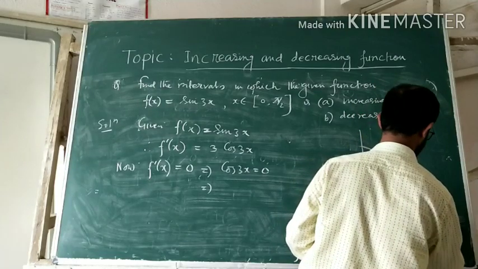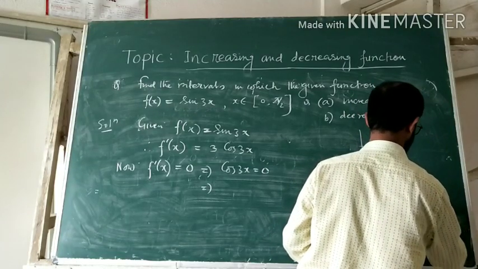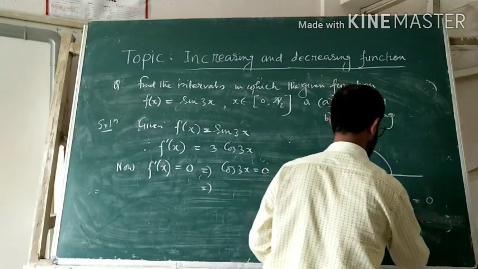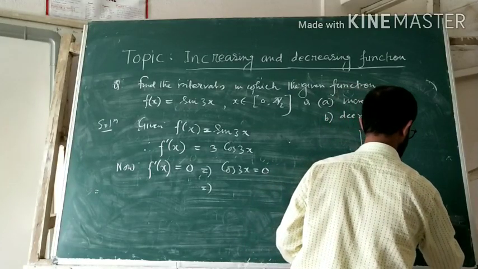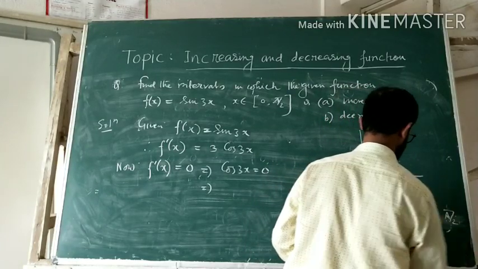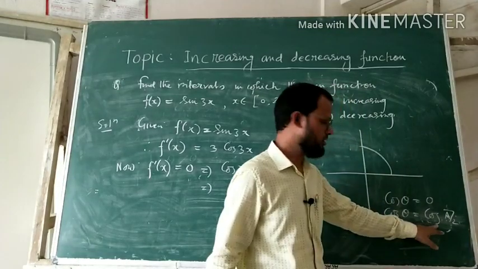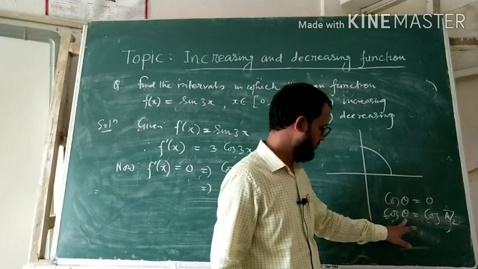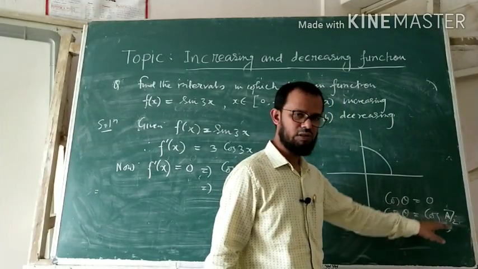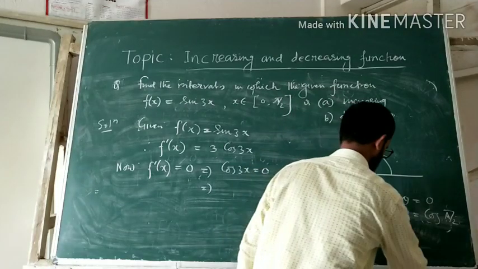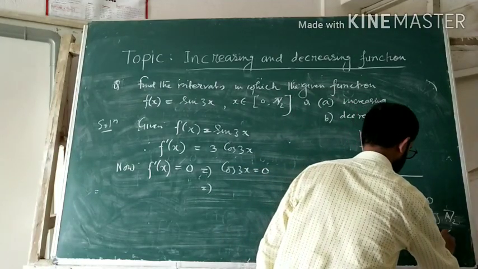Cos 0 means cos pi by 2. And you know that cos theta equal to cos alpha implies theta equal to twice n pi plus or minus pi by 2.